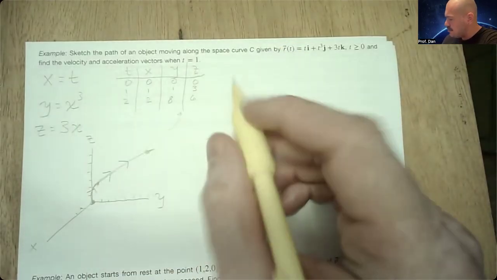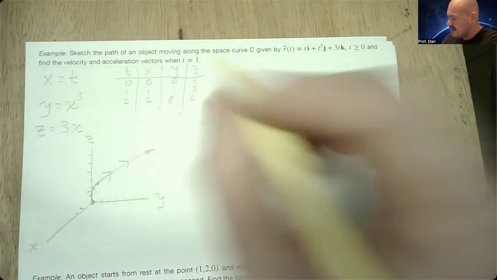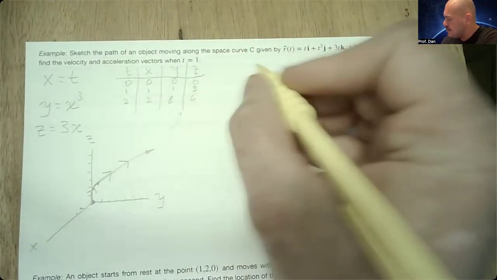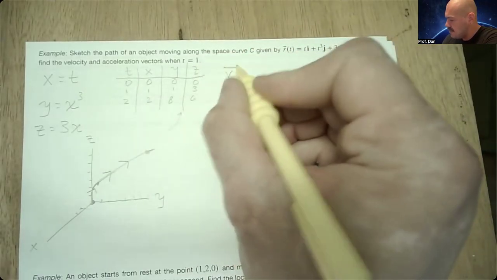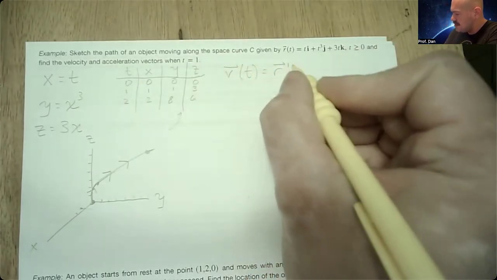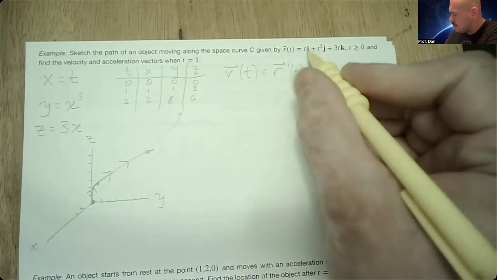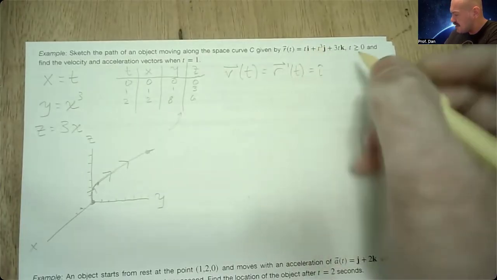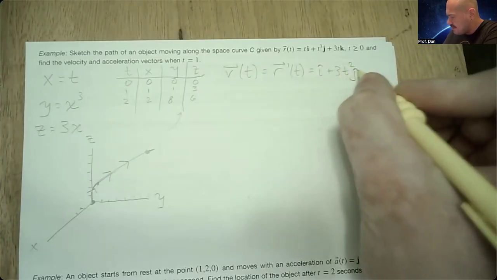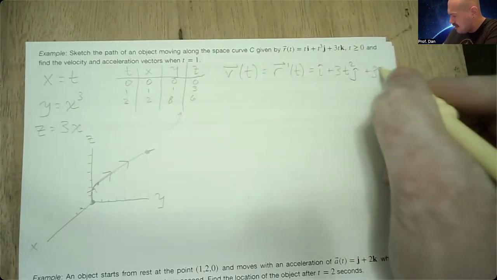Next, we want to find our velocity and acceleration vectors for a particular value of t. So velocity vector v is the derivative of the position vector r. So we get 1i, so just i, 3t squared j, 3k.